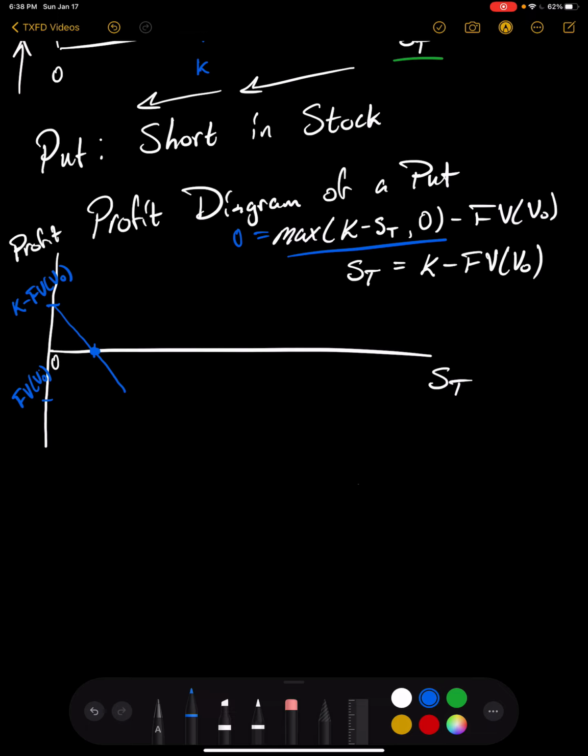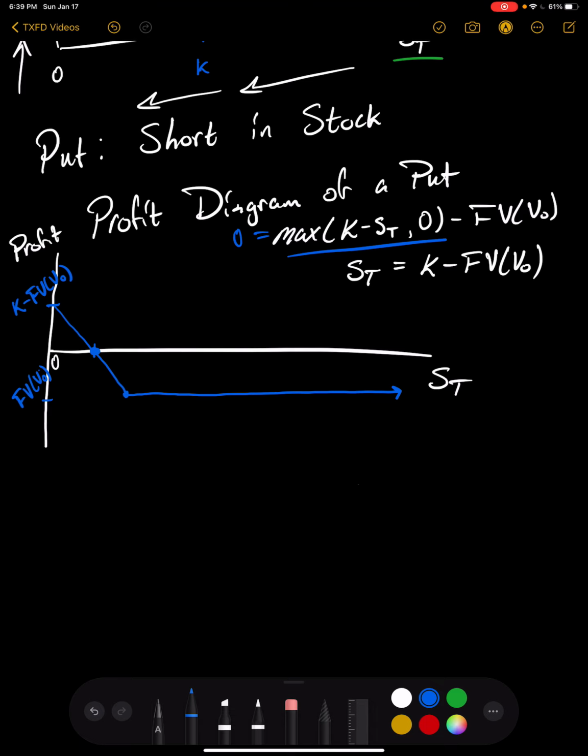But either which way, at this point we've hit the lowest possible profit, so we're just going to continue with that lowest possible amount as long as the stock price keeps increasing. That's the worst we can possibly do, for that maximum function to be 0. And the worst we can do is to just lose the future value of our initial investment, right?